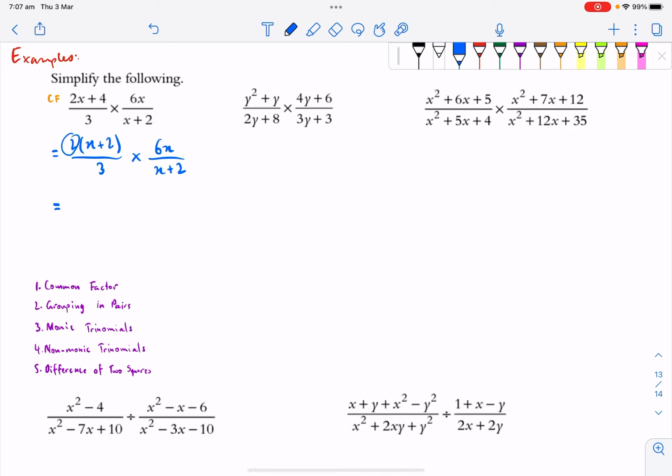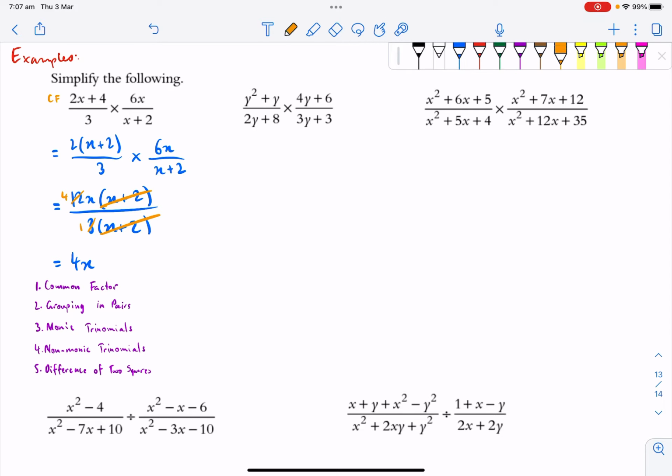So that means I can multiply 2 and the 6x, that will give me 12x. And the bracket, I just leave it, I don't touch the bracket. And in the denominator, I combine these two, so 3 bracket x plus 2, just like that. And then from here, you can see that you can clearly cancel out the x plus 2. On top of that, I also have 12 over 3, which can simplify to 4 over 1. And now, everything that hasn't been crossed out is my answer, 4x.